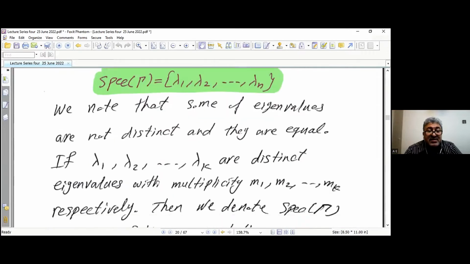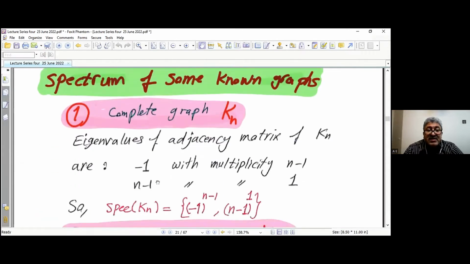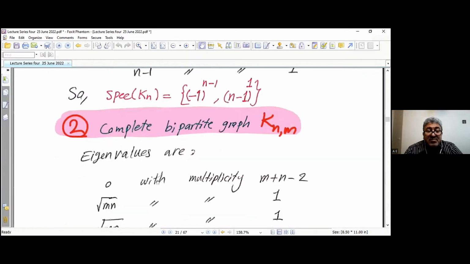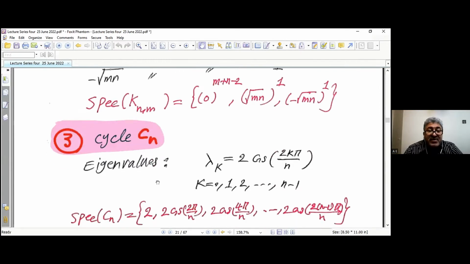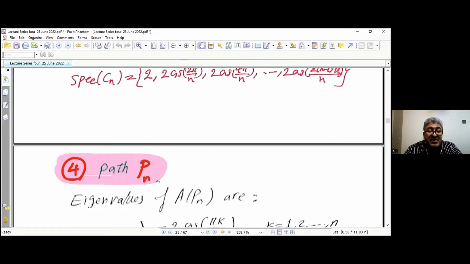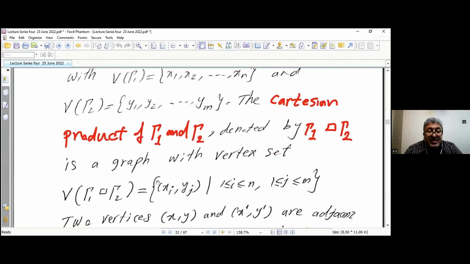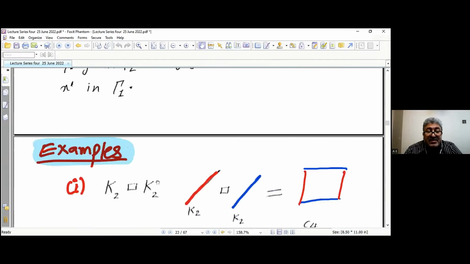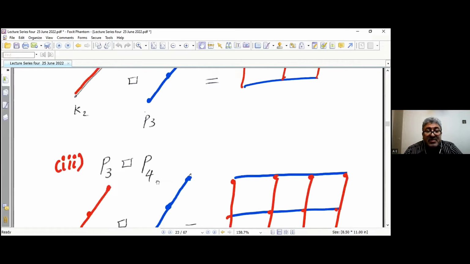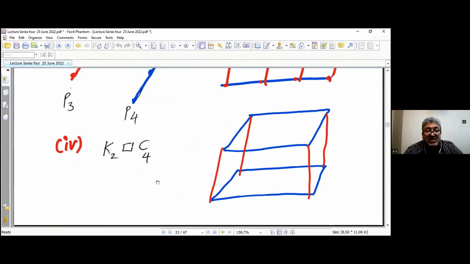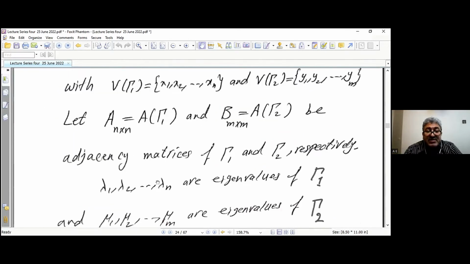This is the spectrum for some important cases of graphs, some known graphs. So let me pass this one. And here are just a Cartesian product for some examples.